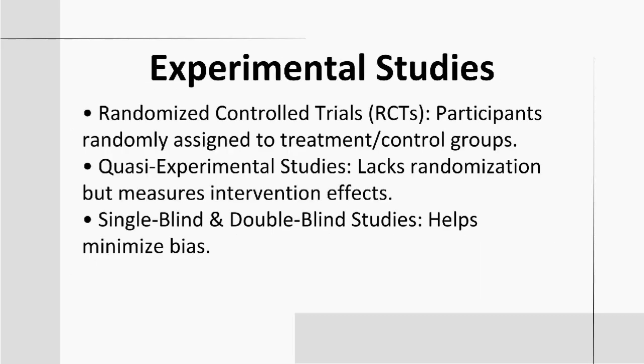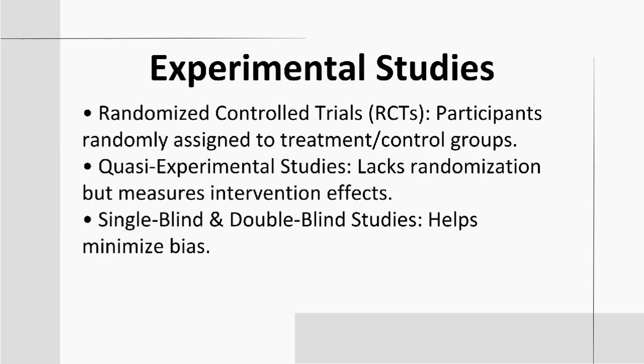Section 5. In contrast to observational studies, experimental studies involve active intervention by researchers. These studies are designed to establish cause and effect relationships between variables. The most rigorous type of experimental study is the randomized controlled trial, RCT, where participants are randomly assigned to different groups.